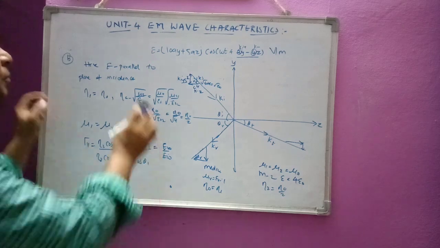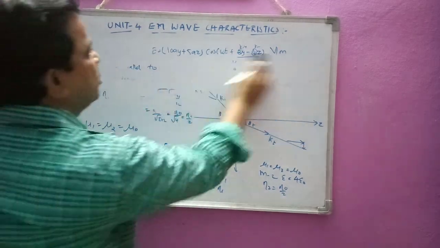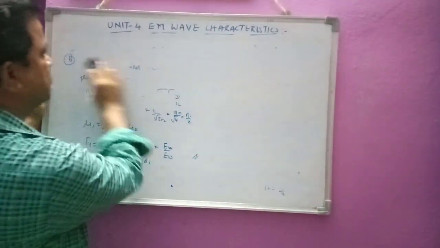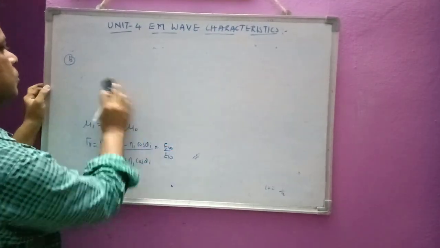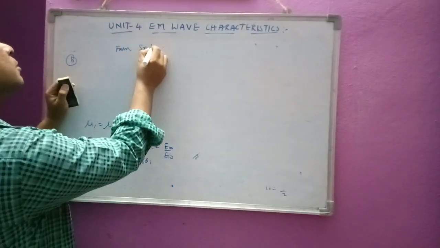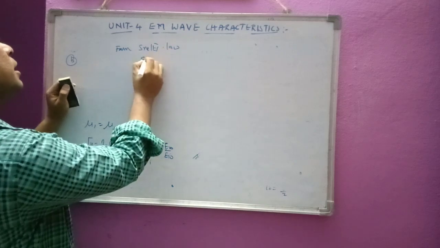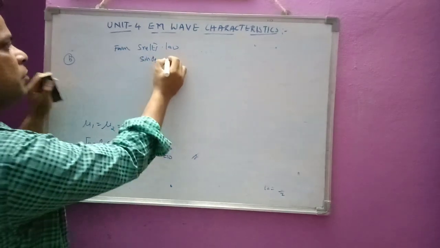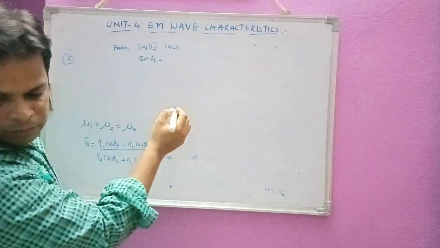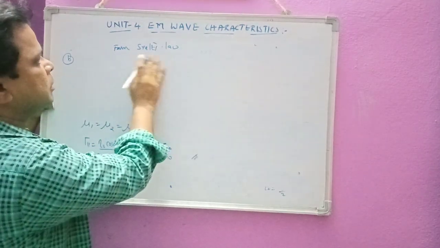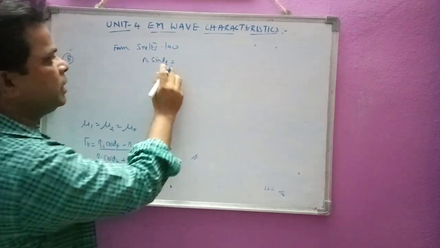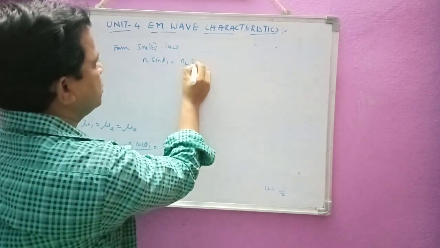Now from Snell's law, I will erase this diagram also. From Snell's law, I can write n1 sin theta I is equal to n2 sin theta t.